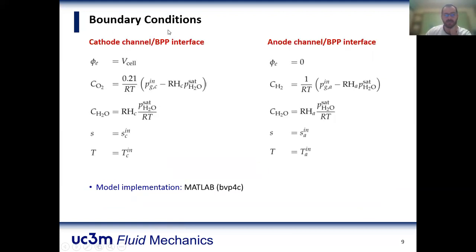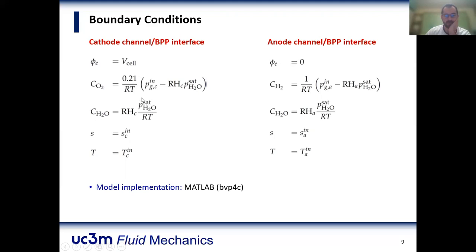And then in terms of boundary conditions, for the cathode channel bipolar plate interface, we impose the voltage, then we have some inlet oxygen concentration. We consider an air-fed fuel cell, so we have that factor of 0.21.